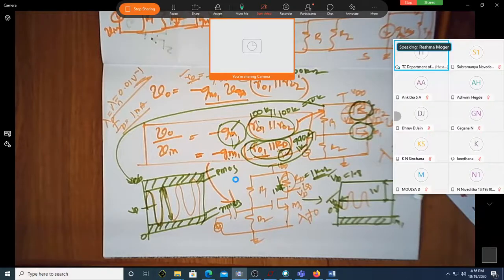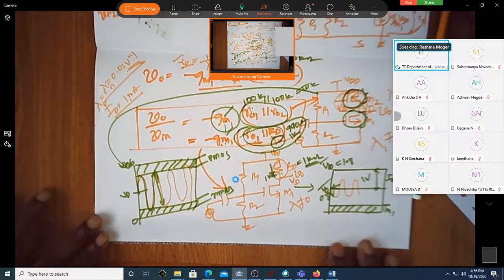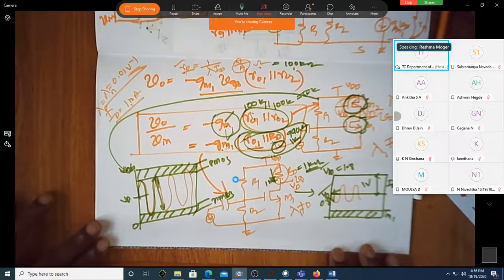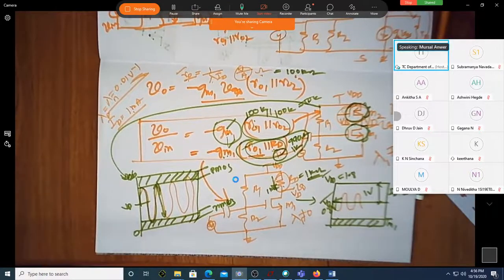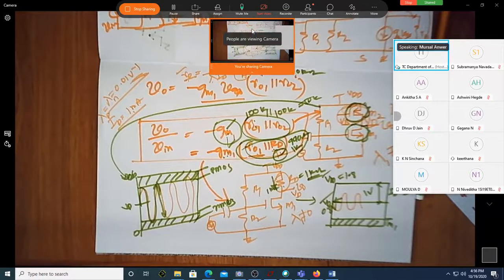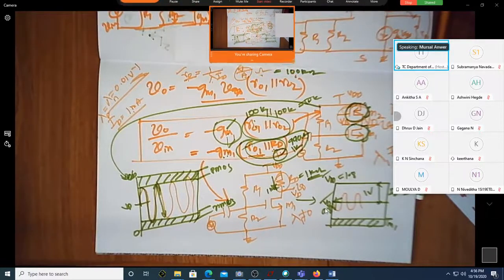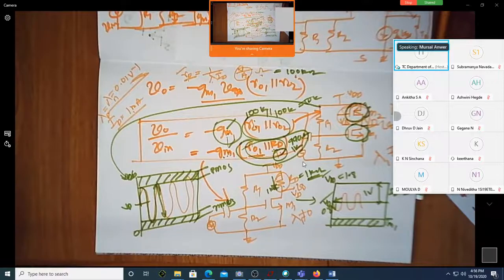Okay, I think now it's visible. No, sir, nothing is visible. You are sharing camera. It is showing me. Is it not visible to all of you or only for Reshma? No, sir, it's not visible. It will come after 2 minutes. Okay. Now it's visible. Is it visible now?